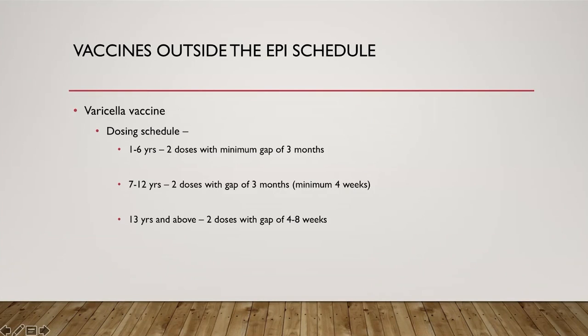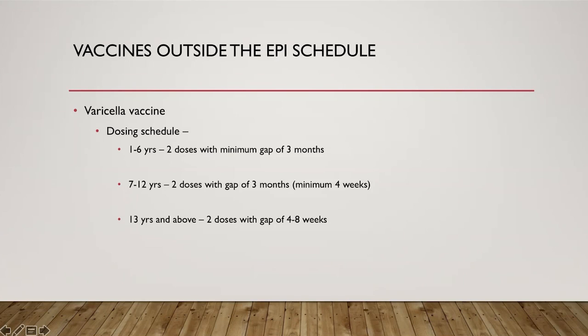Then varicella vaccine, the vaccine against chickenpox, is available. It has to be given above 1 year. If the child is 1 to 6 years old, 2 doses are given with a minimum gap of 3 months.